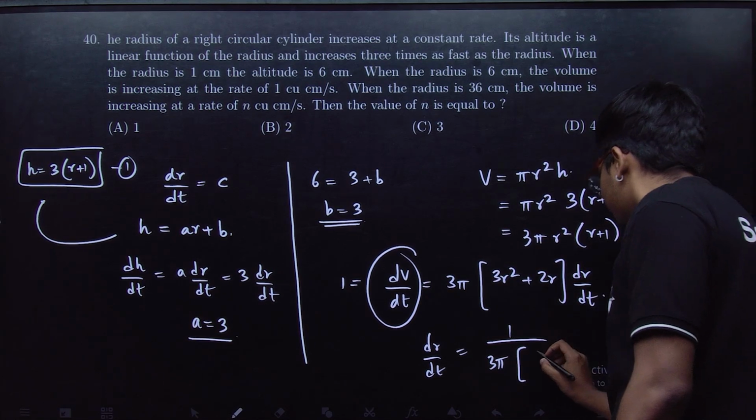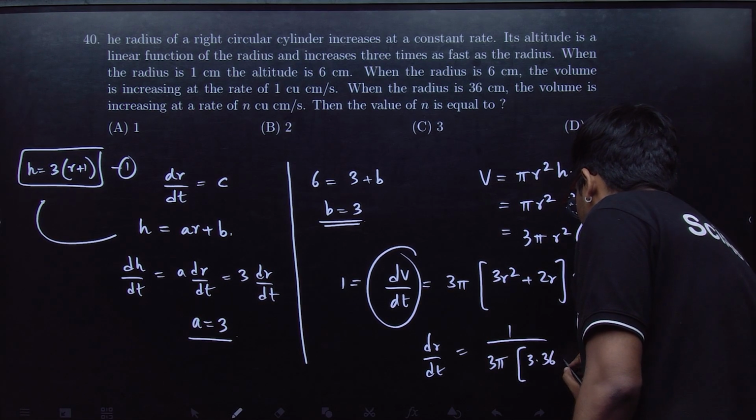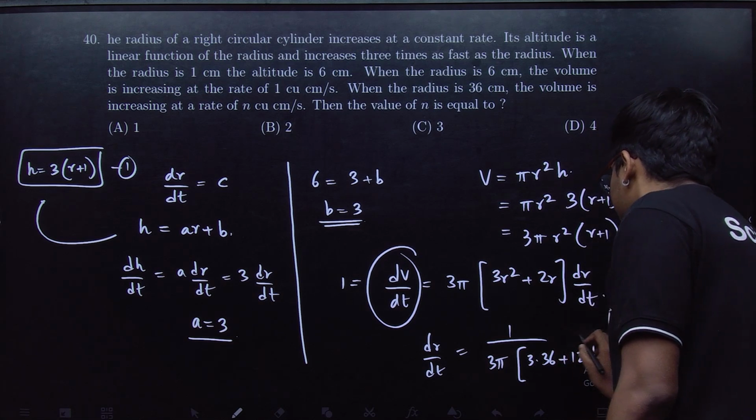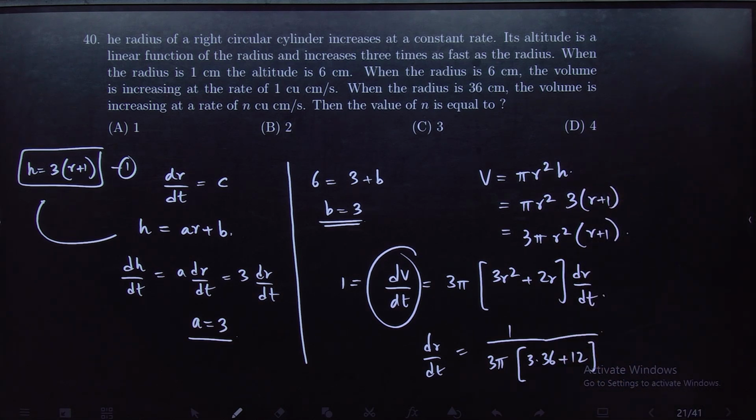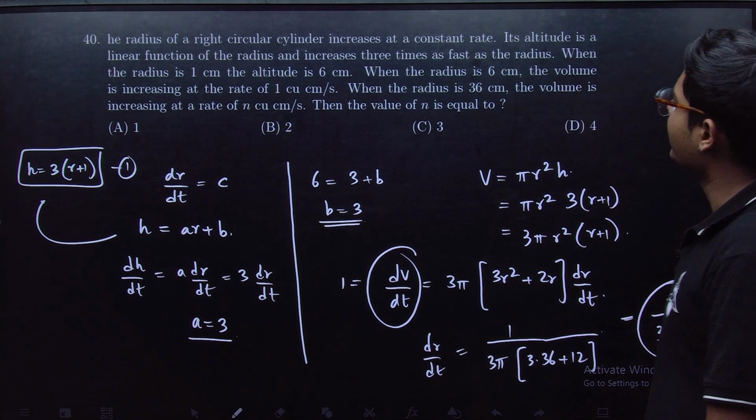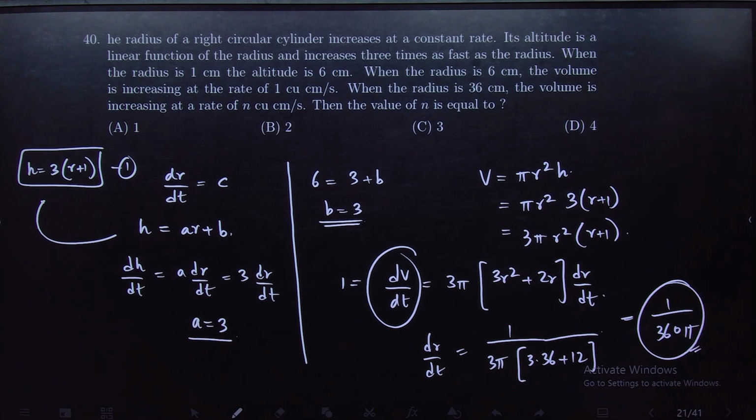So that's 3 times 36 plus 12, right? That turns out to be 1 by 3 pi times 360, so 1 by 360 pi.